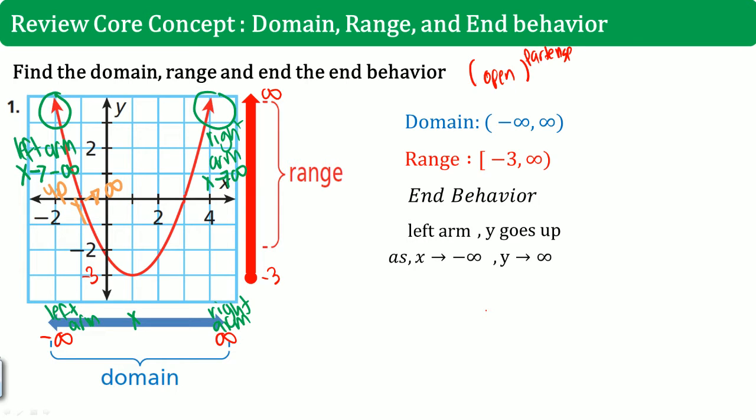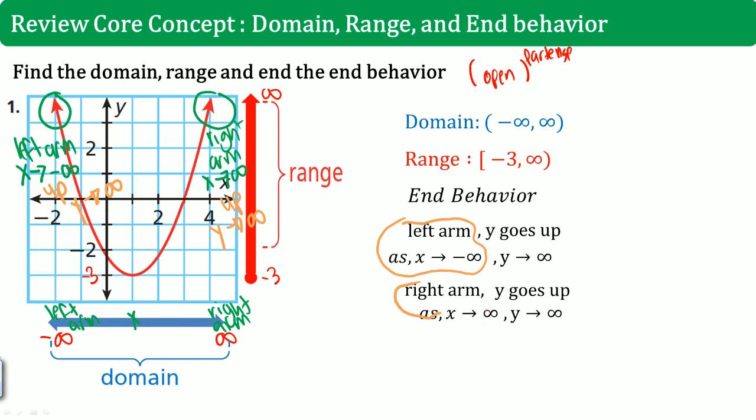If you look at the right arm, we saw that that also goes up, so y arrow goes to positive infinity. Same thing here. So these are the definitions of the left arm and the right arm. This never changes in the question. The only thing that changes is the y, if the y goes up or down, but the left arm and the right arm never change.